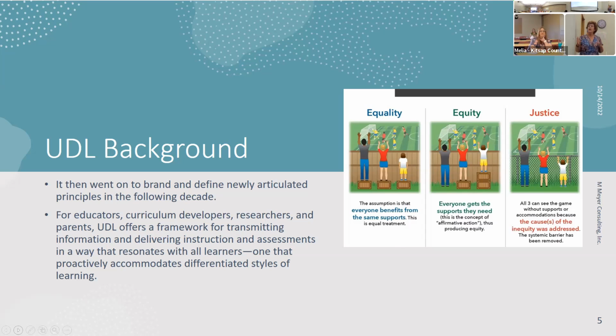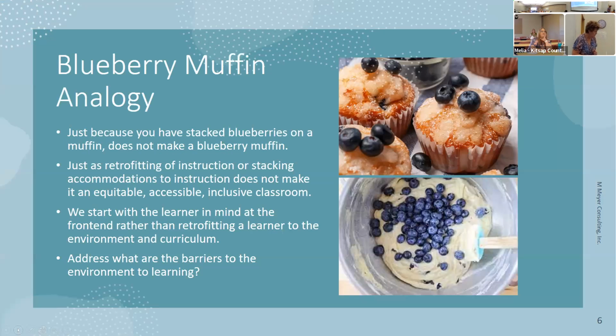The system barrier has been removed. Instead of just building a fence and then saying, oh, wait, we better put boxes on it so people can look, they asked how we can have access that everyone can participate in, rather than retrofitting, accommodating, and modifying environments and curriculum. Instructors think about that first and foremost.